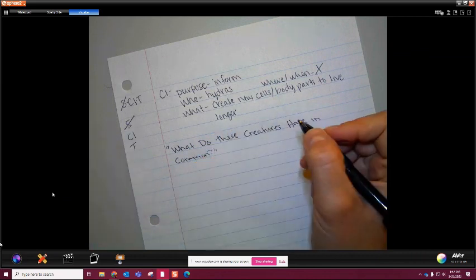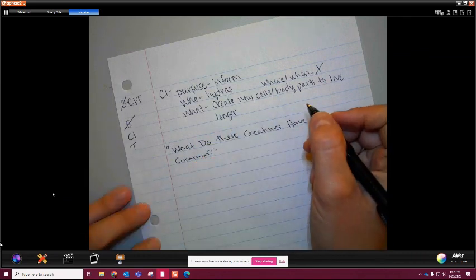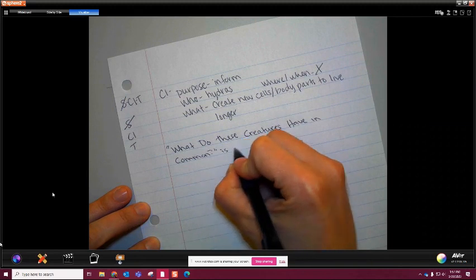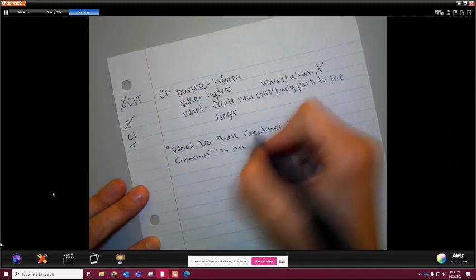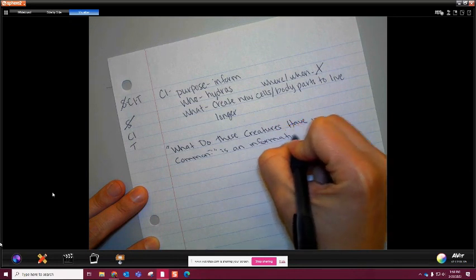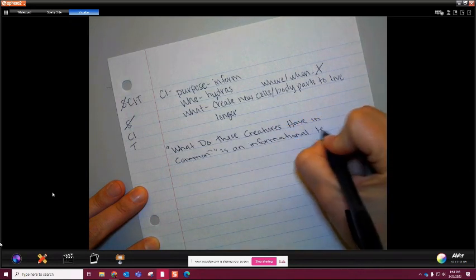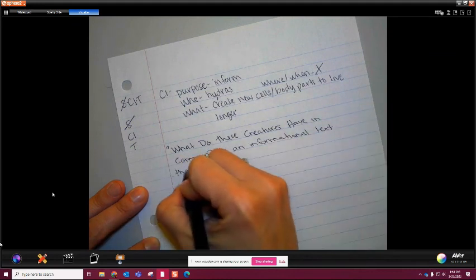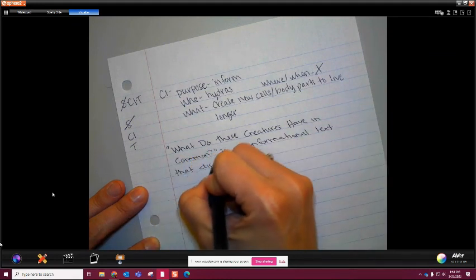Okay. Looking back at my format, I'm going to say is, and because it's informational, it's an informational text that discusses.